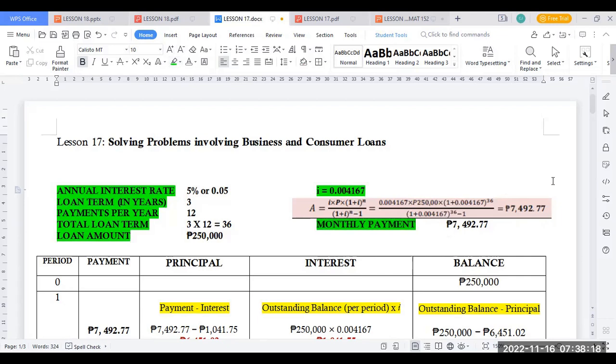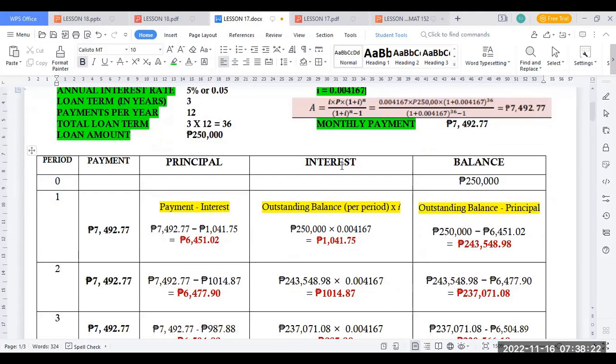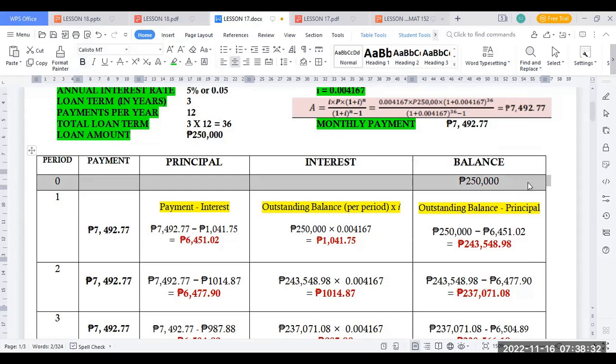Okay, so let's start the table. So, I just put here the period 0. Wala pang principal and interest yan. Kasi hindi pa nag-start yung pagbabayad ng utang. And, nilagay ko lang dito sa period 0 is yung initial balance niya, or the outstanding balance, which is 250,000.